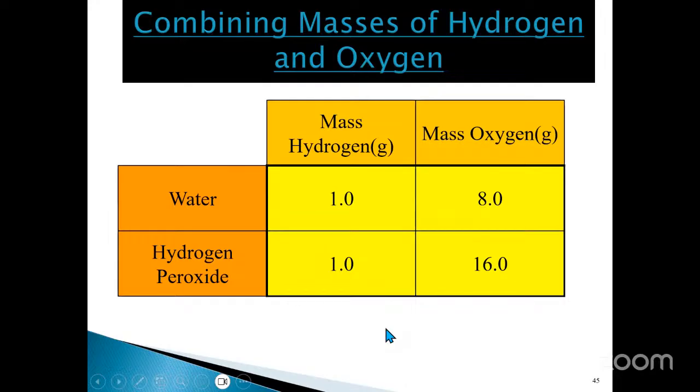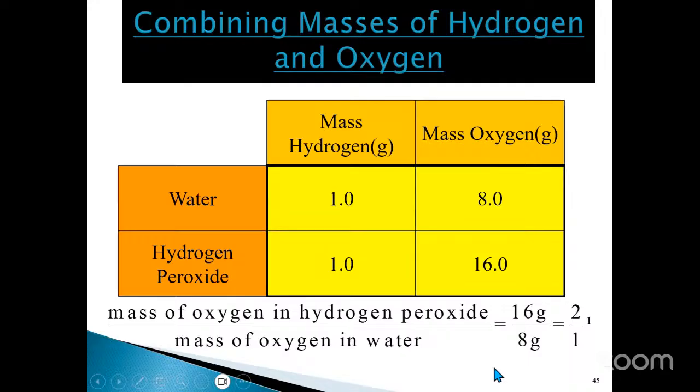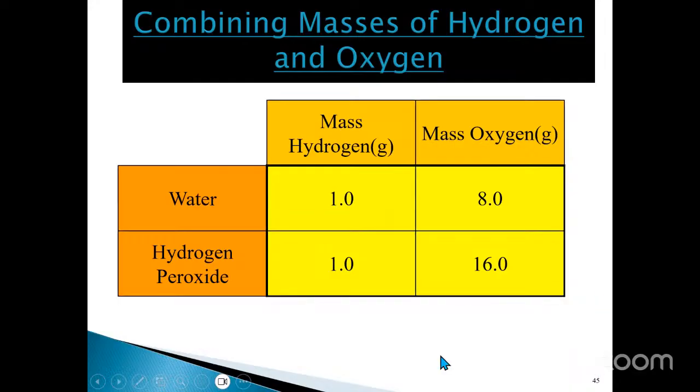If you keep the mass of one of them fixed, then the relative amounts of the other elements would be of a small whole number ratio. So it could be 1-to-1, it could be 2-to-1, 3-to-2, whatever, all right? So that is basically what you'll observe in this case. The ratio of the mass of oxygen in hydrogen peroxide to the mass of oxygen in water, provided that the mass of the hydrogen is the same, would be a 2-to-1 ratio, all right?